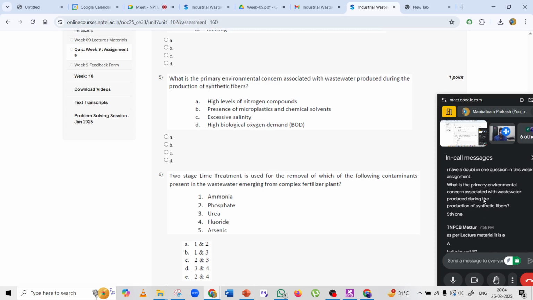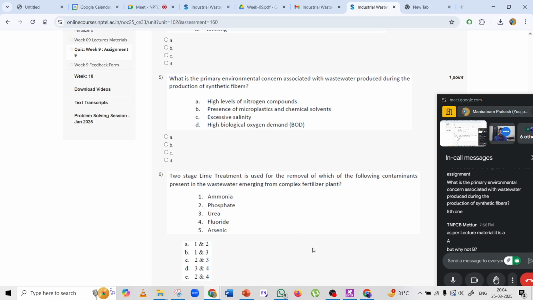It might have some other meaning, but if I have to mark it, I will be marking it B.